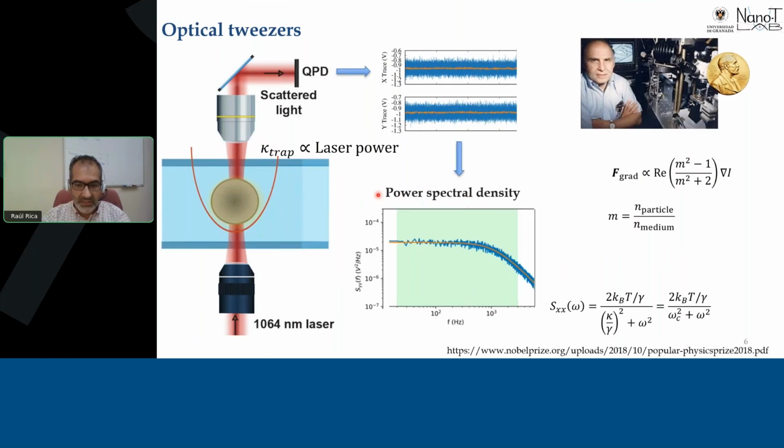We will typically be working with the power spectral density, that is something like the Fourier transform of the trajectory, and for the case of a Langevin equation in the overdamped regime, it's a Lorentzian function where you have this characteristic frequency that we call the cutoff frequency, that marks the change of regime where the particle changes from diffusion that you observe at high frequencies to a trapped state where the particle cannot diffuse away from a given position, so that the particle is confined to a region, as we see here in the time traces, that is given by the stiffness of the trap.